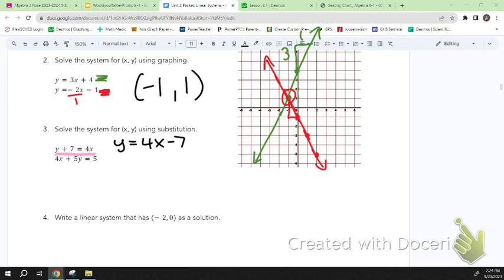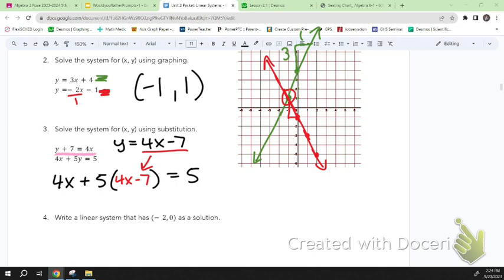How does that help me? I'm going to take the second equation, and instead of writing y, what am I going to write? Yes, 4x minus 7 is going to replace that y. And you should notice now I have an equation with all x's.